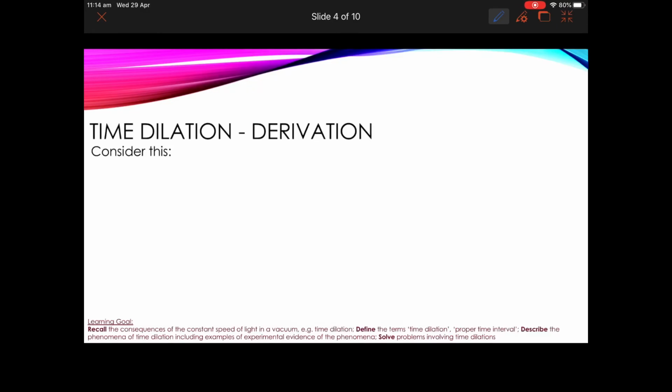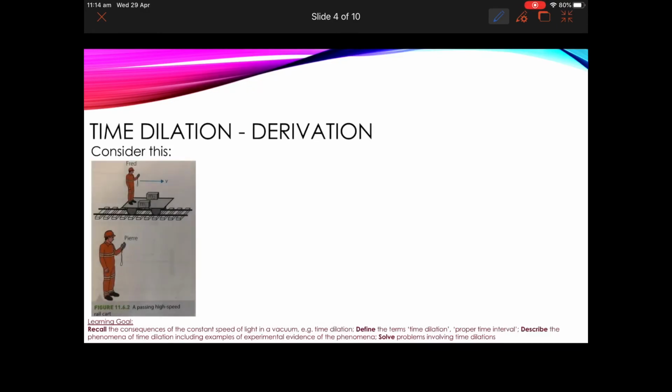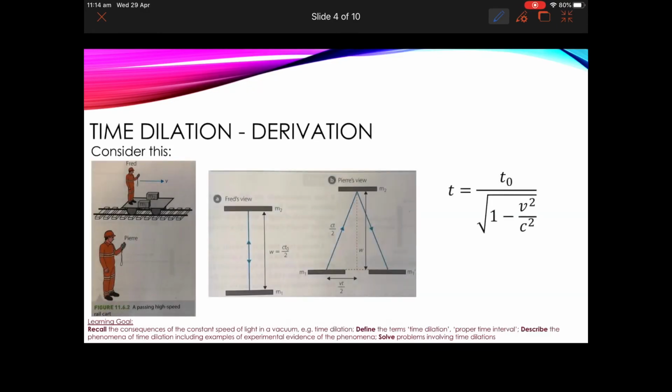Now, if we go back to where we were before, we were considering Fred and Pierre on the train. What this means is we now have an expression of T in terms of T naught, so an expression of what Pierre measures in terms of what Fred measures when it comes to time. We say that what Pierre is measuring is called relativistic time because he is seeing a relativistic effect because the train is travelling so fast.